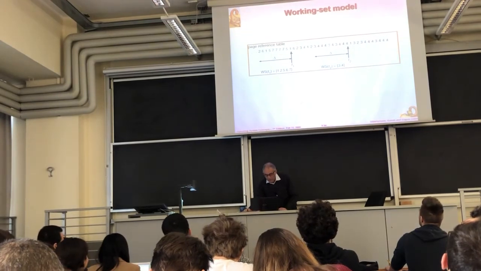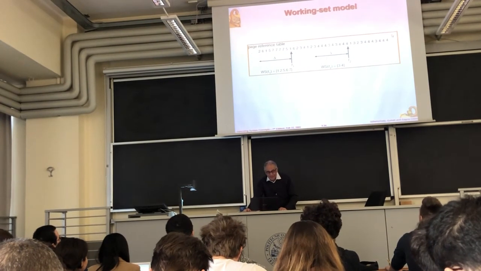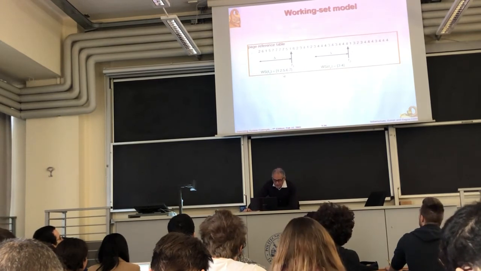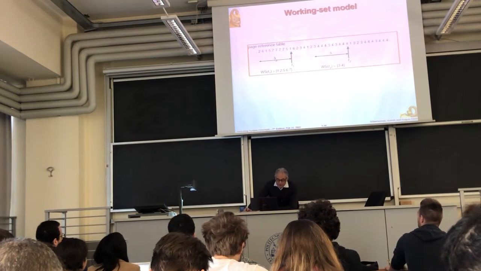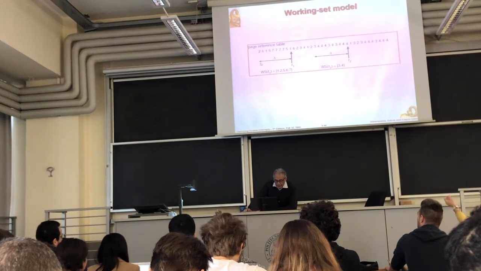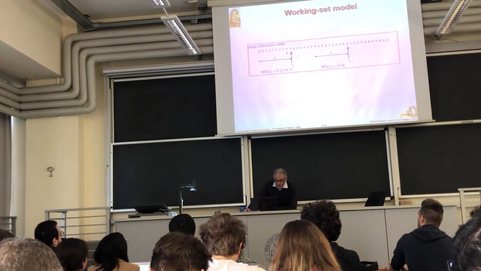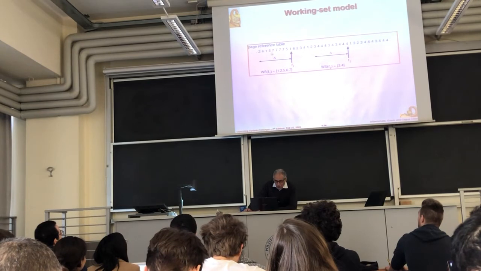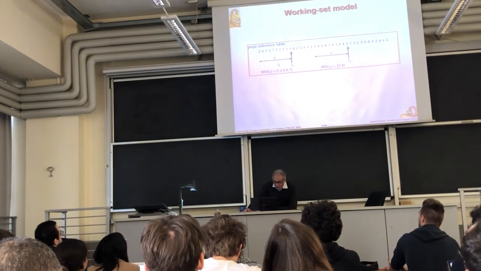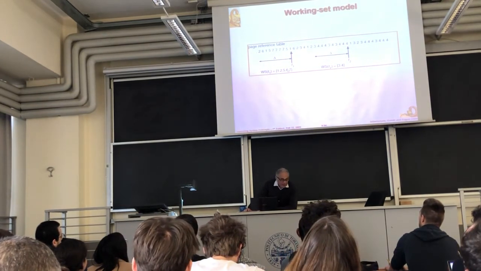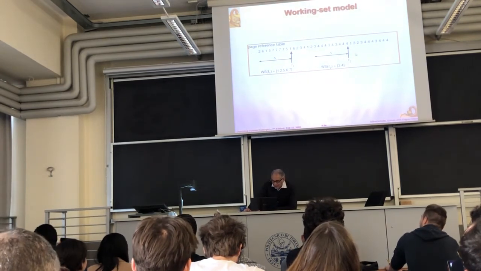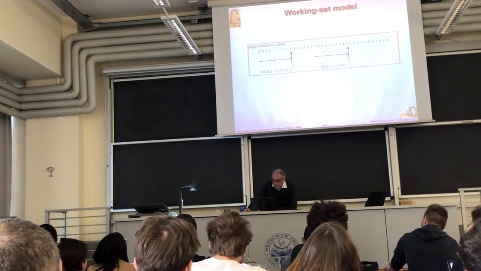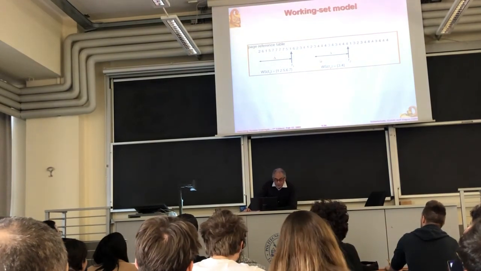So, looking at this reference string, if I fix the working set parameter that is a time, an interval of time, in this way, you see that in this interval we have reference to page 1, 2, 5, 6, and 7. Okay, so 5 pages. After some time, the number of pages reduces to 3 and 4 for the same interval.